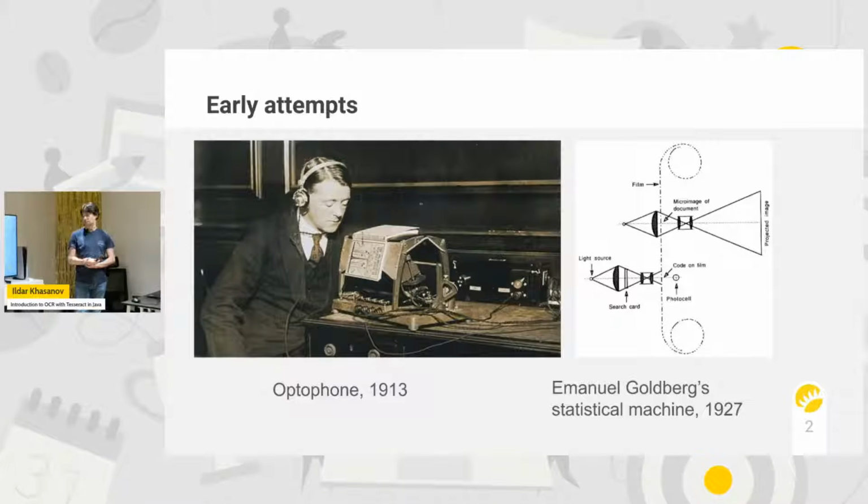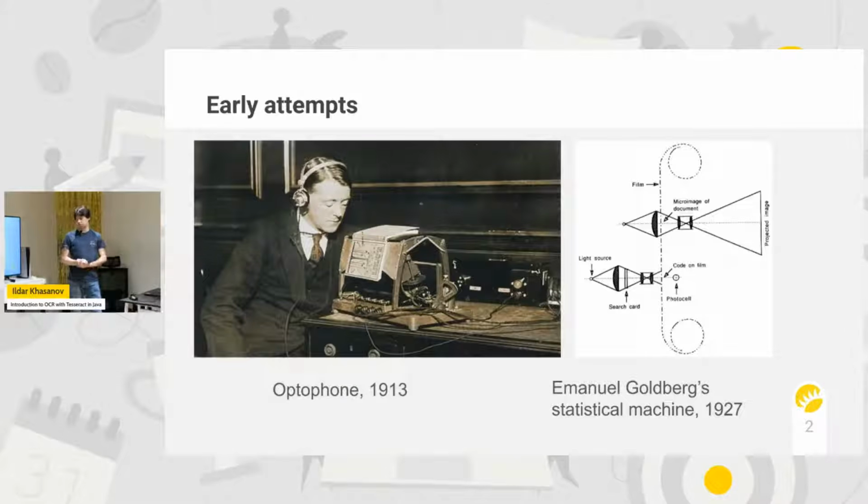Every character had its own chord that was played. And on the right is the principal schema of Emmanuel Goldberg's statistical machine. It was invented to automate telegraphing. It read cards with text and then telegraphed them automatically.